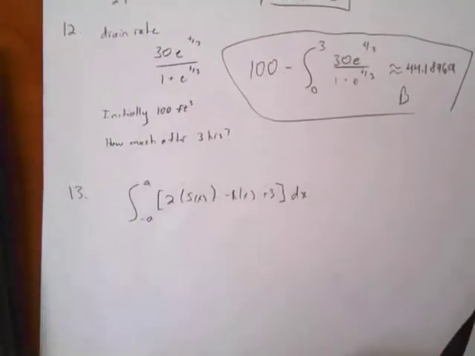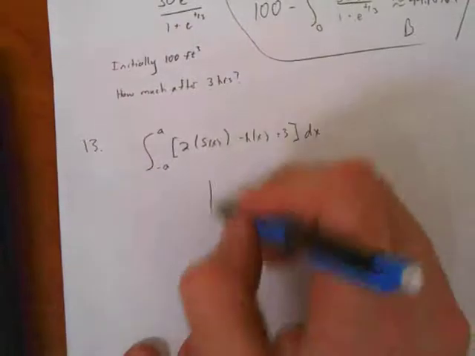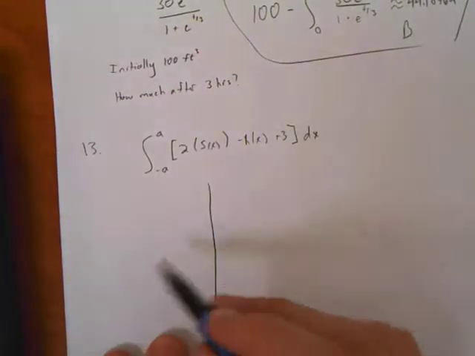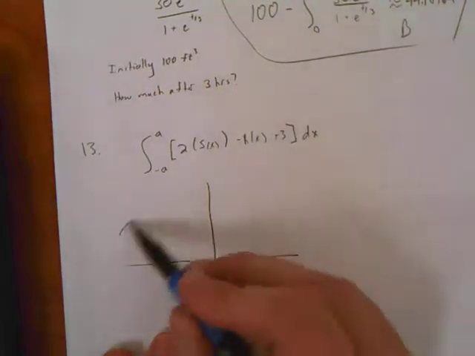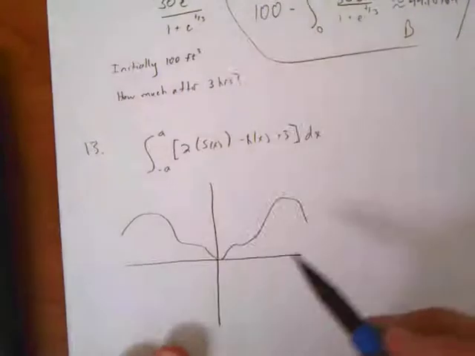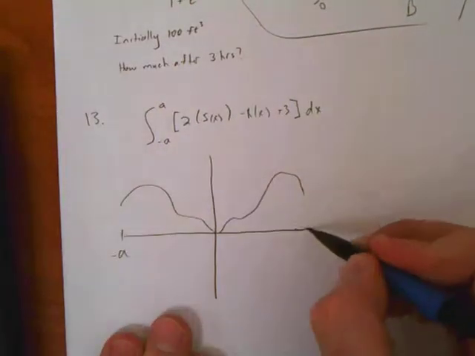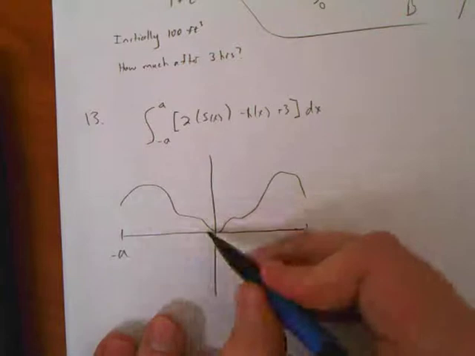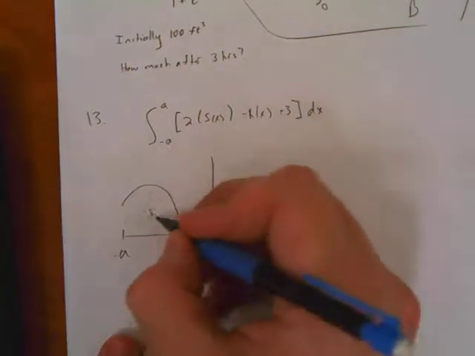All right, number 13. It's important to know that r of x is even. So it looks the same on both sides of the y-axis. And from negative a to 0, it tells you that this area is 5.